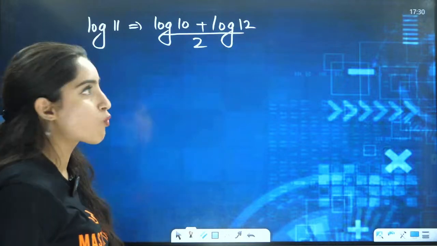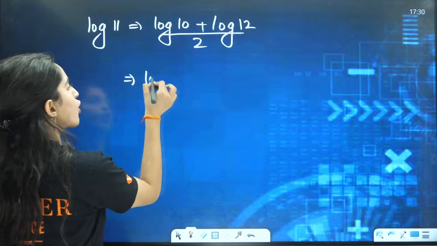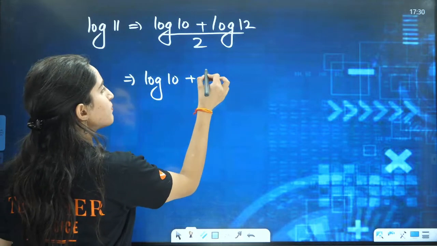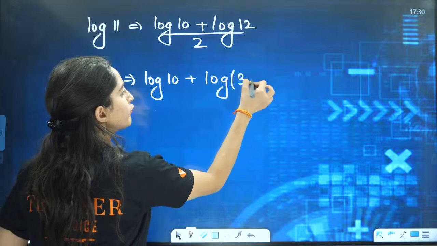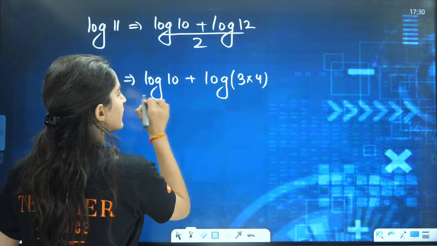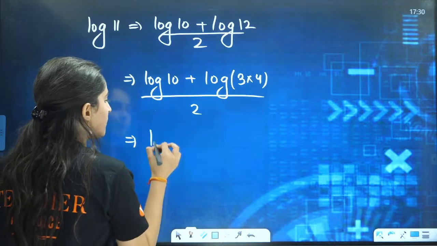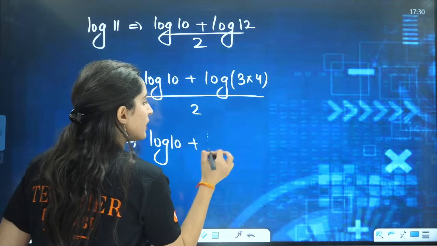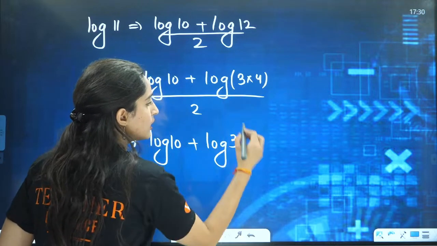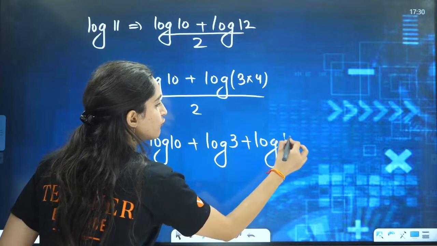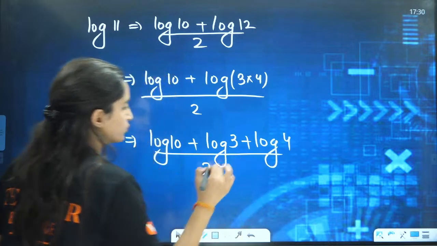What is log 12, ma'am? 12 is very simple. 12 is 3 into 4. So, it will become log 10 plus log 3 plus log 4, divided by 2.